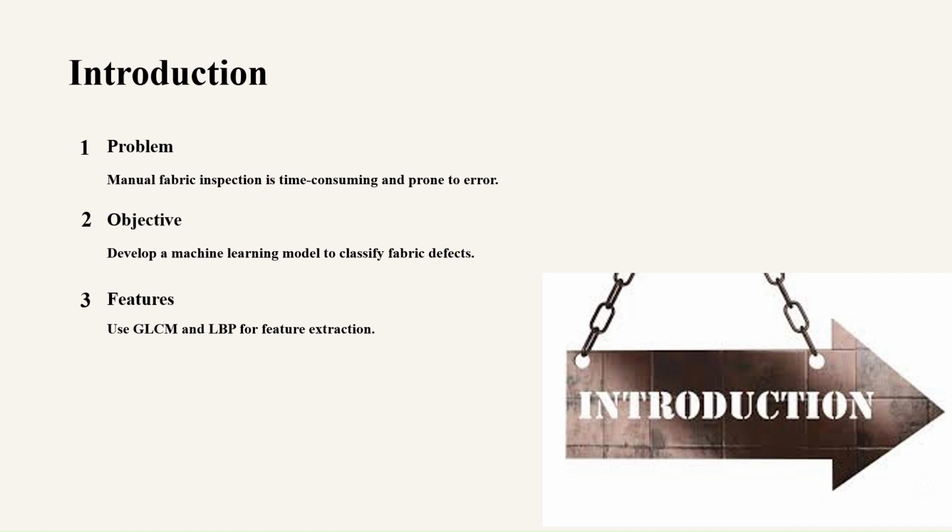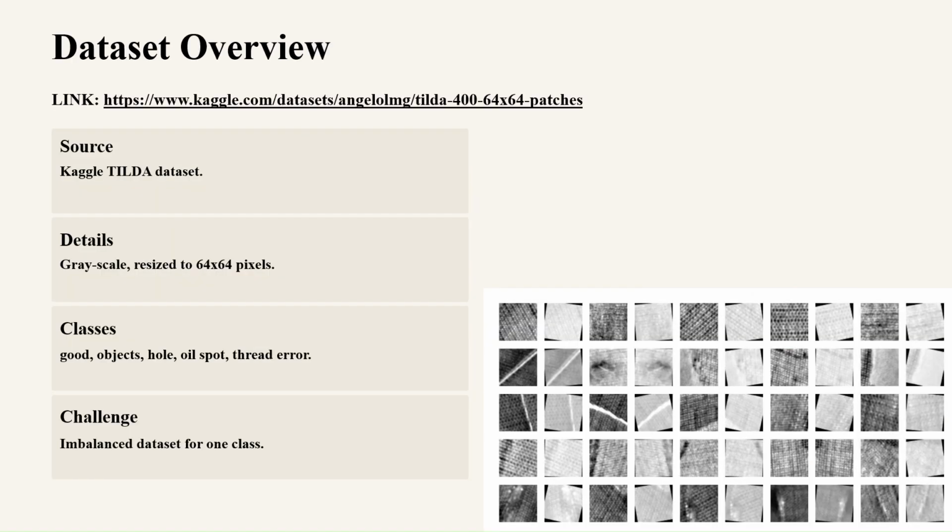Using these features, we train the model, and when we train the model, it extracts the features, it gets trained, and then it takes any input image and can classify whether it is a defective fabric or a good fabric. Basically, it can't classify much, but it can at least classify whether it is defective or good.